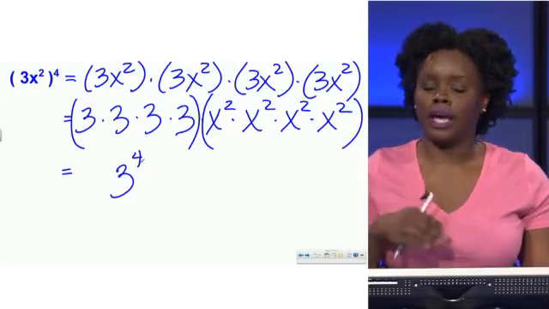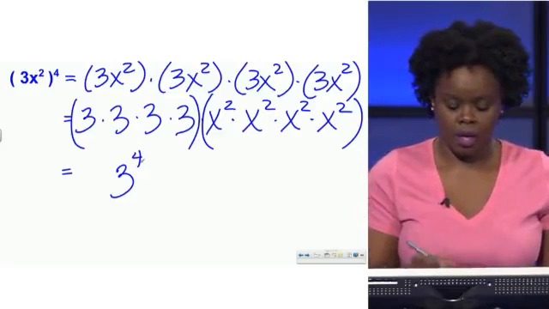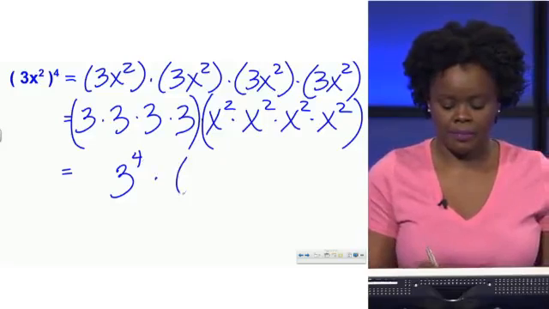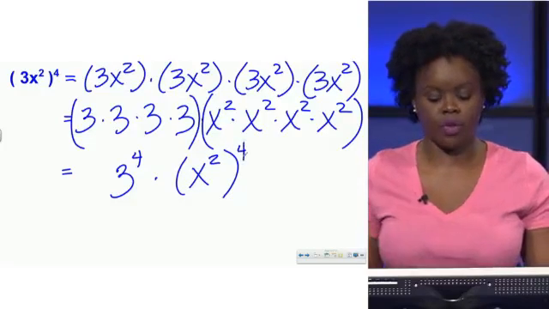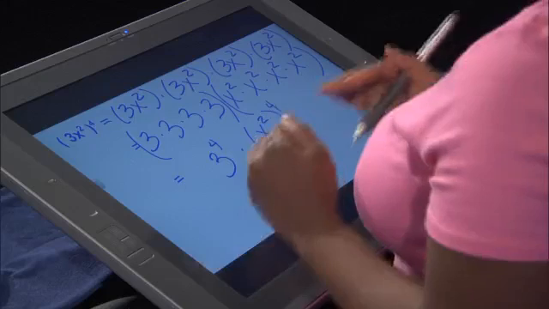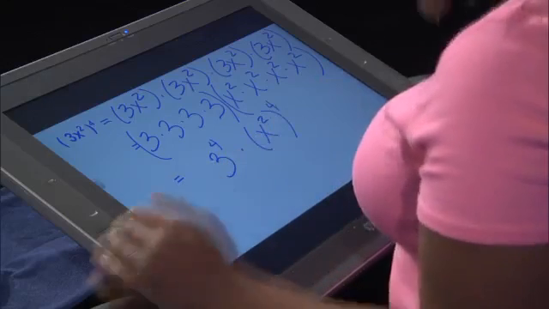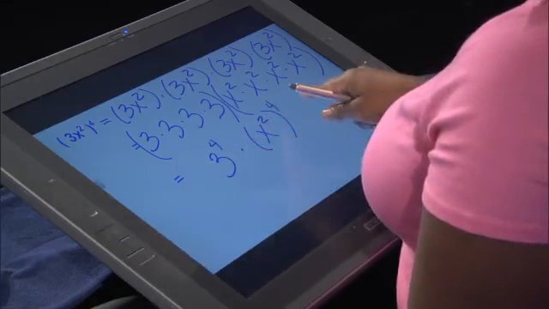So you're multiplying x squared by itself 4 times. So you could represent that part as x squared, that quantity, raised to the 4th power. So that means that 3x squared, that whole bit raised to the 4th power, is the same as 3 to the 4th times x squared to the 4th.